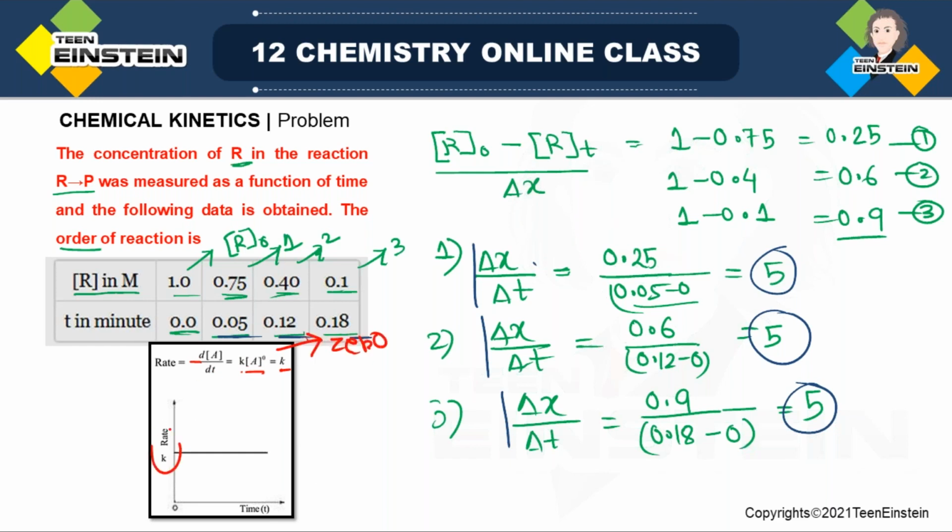That means when you draw rate on the y-axis and time on the x-axis, the value is not changing with time. It is always 5. So it is a 0 order reaction. This is the answer. Any doubt? Should I repeat?